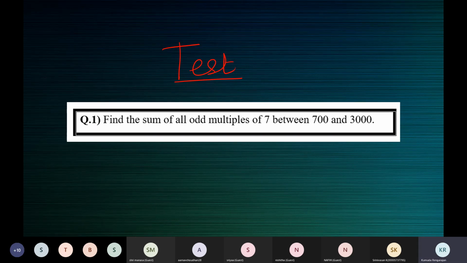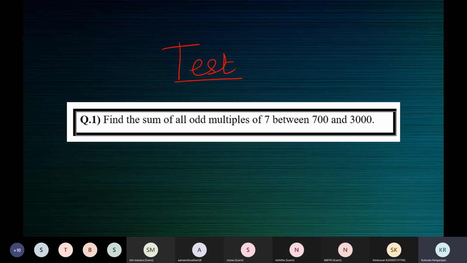Let's see who can answer this first. To find the sum, you should know how many numbers. So first, step 1, generate the AP. Step 2, find how many multiples are there, how many odd multiples.